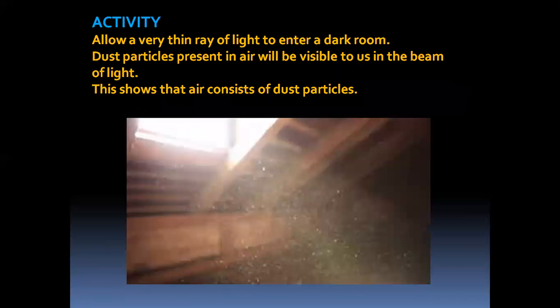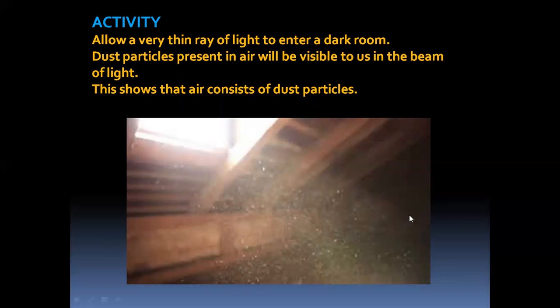So for this, one more activity is there. When in your house you close the rooms completely, with your windows and doors closed, only through one window hole you see the sun rays entering inside. Through those sun rays you observe the dust particles.